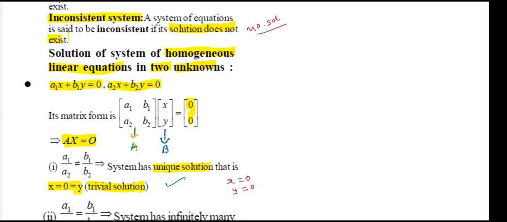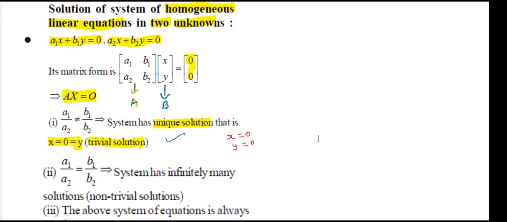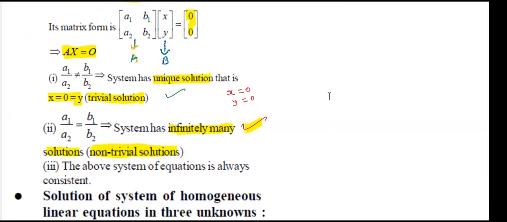Next, in the second case, a1 by a2 is equal to b1 by b2. The system has infinitely many solutions. Infinitely many solutions we call non-trivial solutions. So here, either a unique solution or infinitely many solutions.